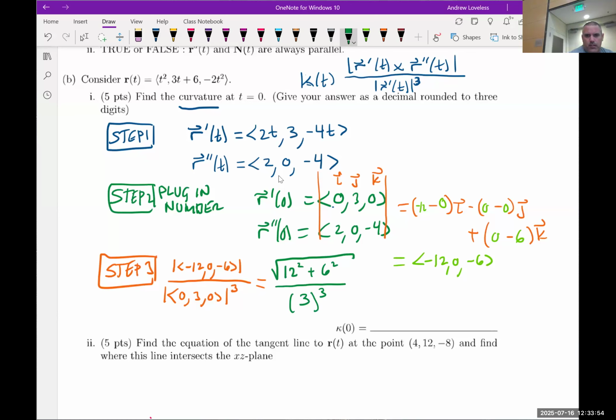On a test, to make it easier to type in or write down, I would write 144 plus 36 over 27. What is that? 144 plus 36 is 180. So I would just write the square root of 180 over 27 and stop.